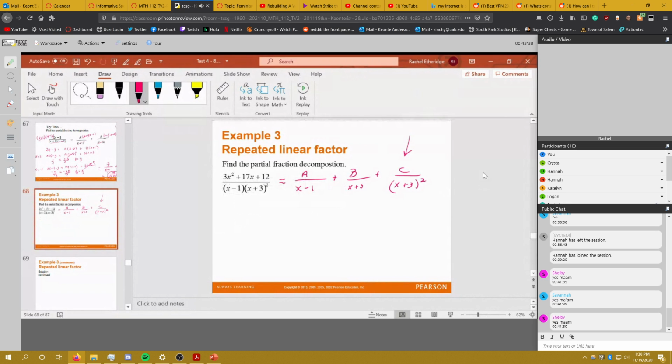All right, so to solve this, I'm still going to use the same procedure. I'm still going to multiply both sides by the least common denominator, which is x minus 1 times x plus 3 squared.